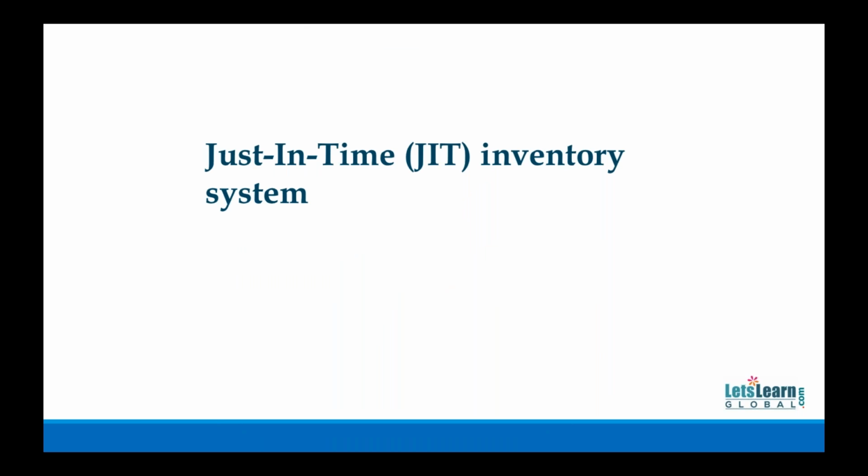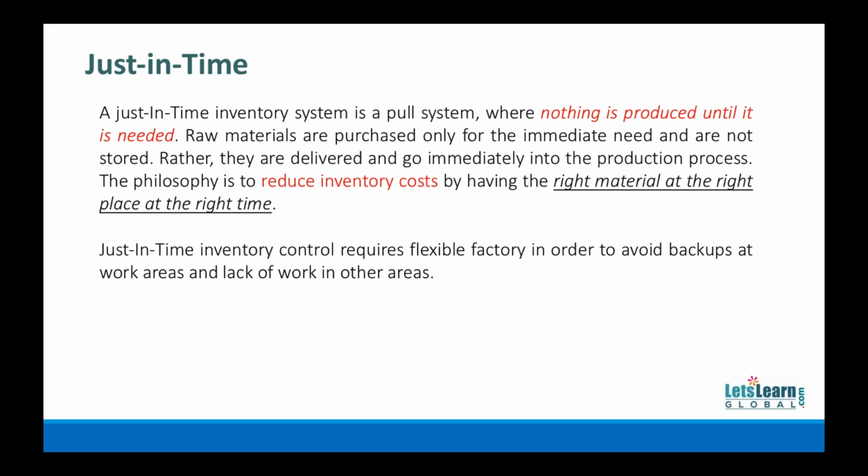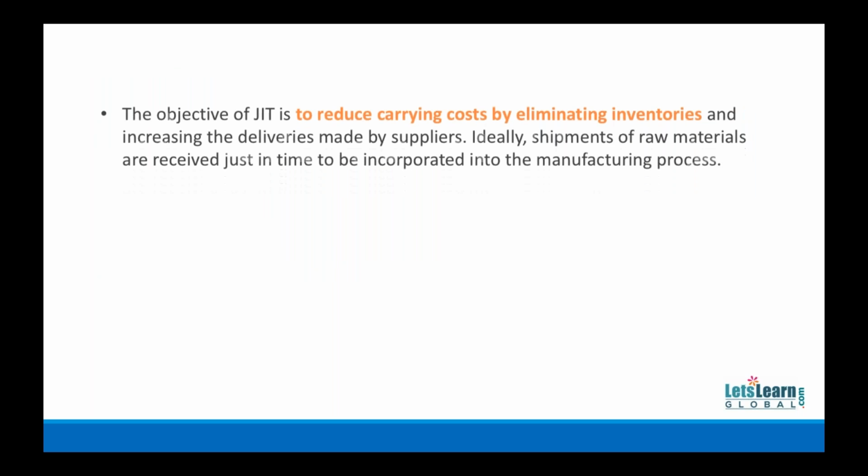So in a JIT system, we do not produce anything unless there is an order. The wastage of storing, inspecting, counting, accounting, etc. are completely eliminated under the JIT system. So the main philosophy of JIT is to reduce the inventory cost, having only the material which is required to fill the customer's orders, which are already placed by them.